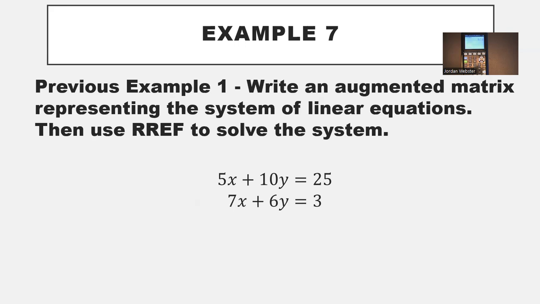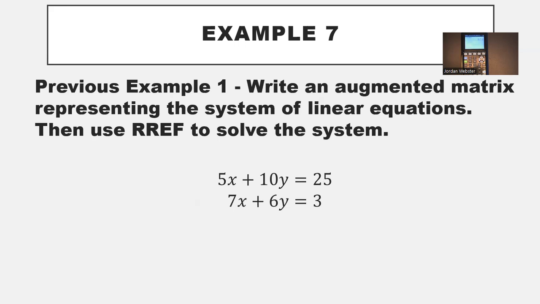So let's go back to the examples that we had earlier with the systems of linear equations we were dealing with. We've already written an augmented matrix for this system of linear equations. It was 5, 10, 25, 7, 6, 3.